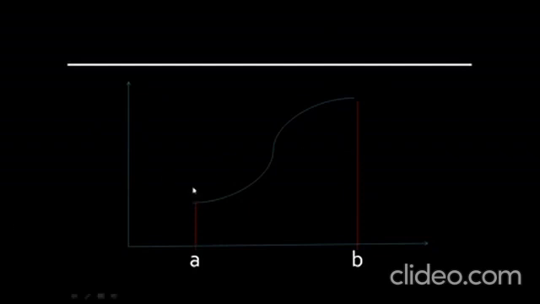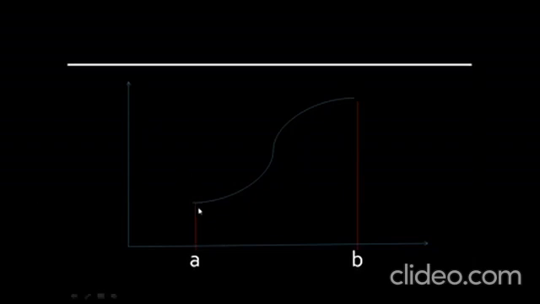So if you want to find the continuity at point A, if the graph is towards the right side and slightly more than A, then it should be continuous at point A if it is equal to f(a). So we can say limit x tends to a plus f(x) is equal to f(a) near point A.